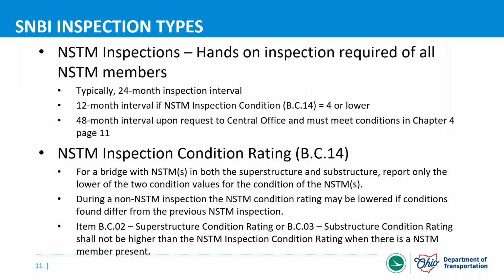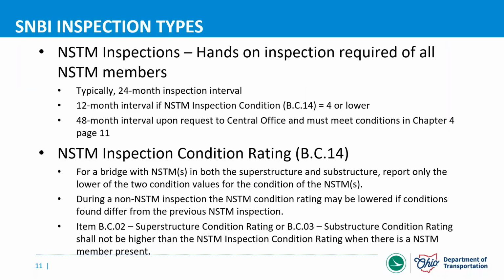And then an important note, and this is something that Ohio has added specifically, similar to scour controlling substructure. Basically what we want is, depending on where your NSTM is, whether that's in the superstructure or the substructure, you will not have superstructure or substructure condition ratings that are higher than the NSTM inspection condition rating, right?